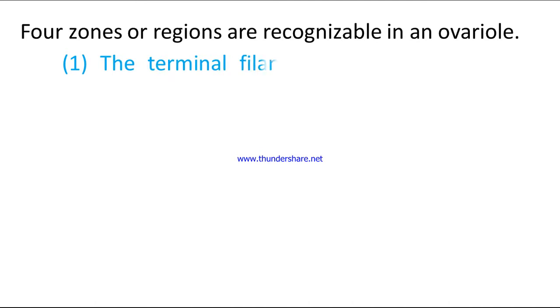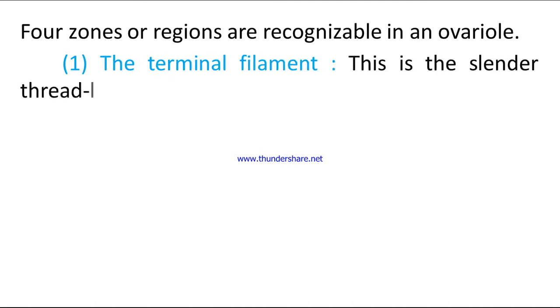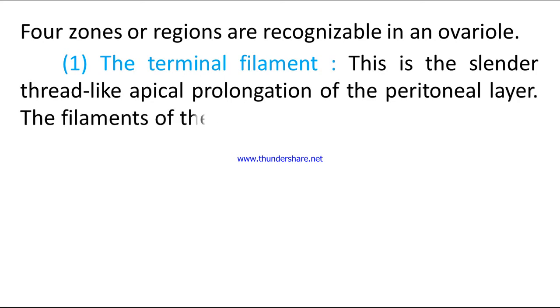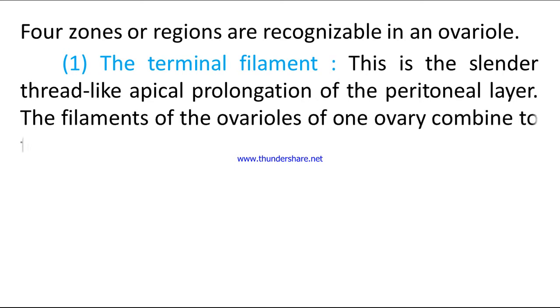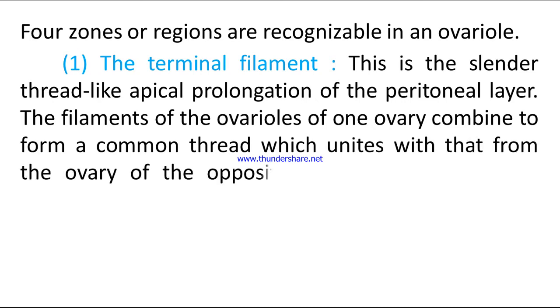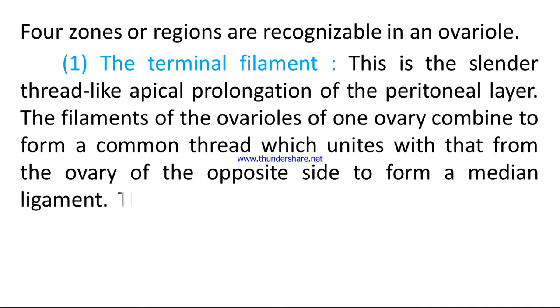Number 1, the terminal filament. This is the slender thread-like apical prolongation of the peritoneal layer. The filaments of the ovarioles of one ovary combine to form a common thread which unites with that from the ovary of the opposite side to form a median ligament.